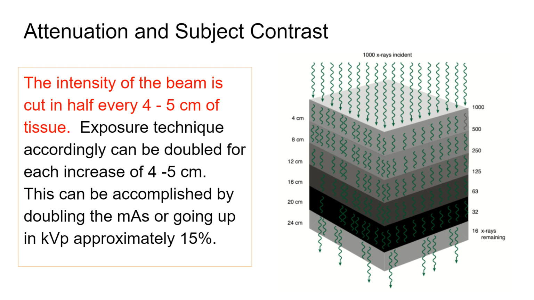How would you double the dose? Either you double the mass, because that's nice and proportional, or you add about 15% kV, which will do the same thing. It'll end up giving us twice as many photons. So the intensity of the beam is cut in half every 4 to 5 centimeters of increased tissue. You start with 1,000, it goes through 4 centimeters, you're down to 500, cut in half. And this just keeps on going, so eventually you don't have that many photons anymore.